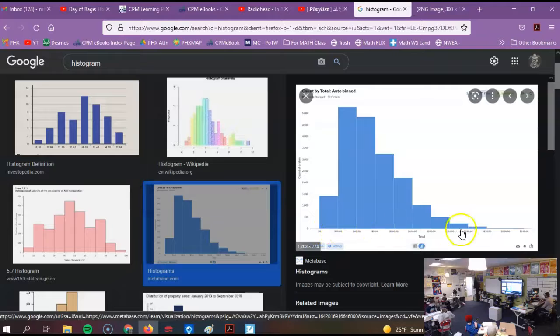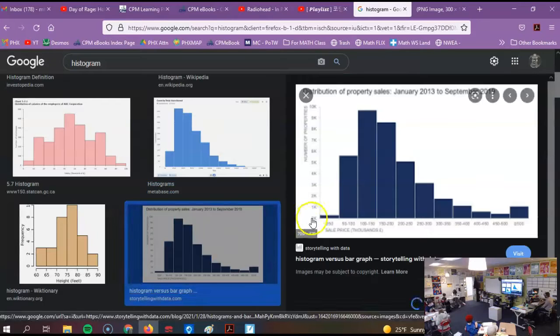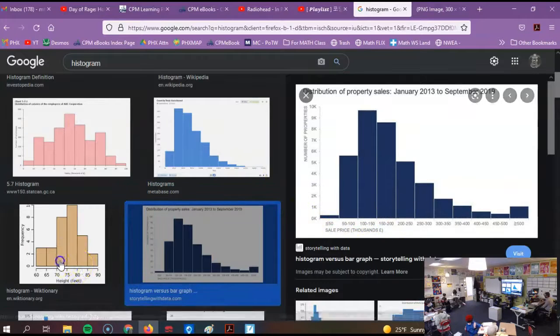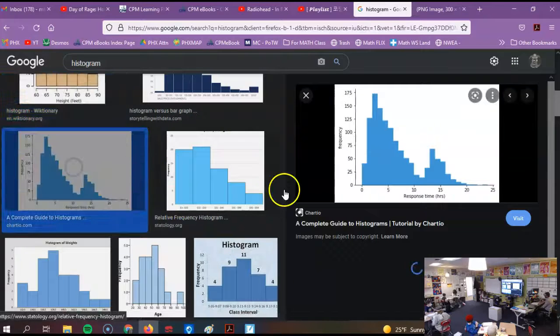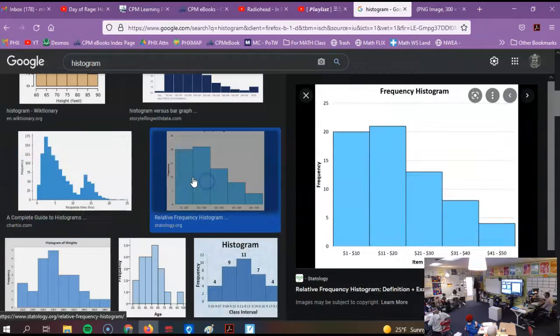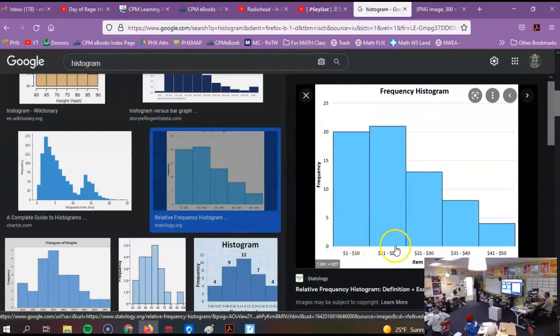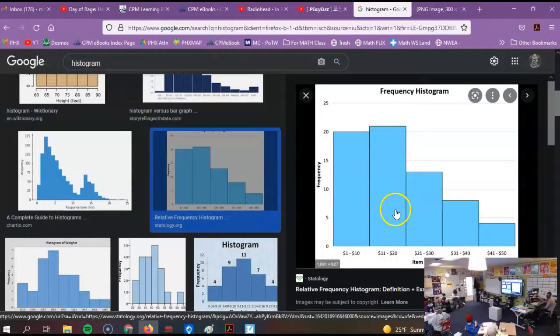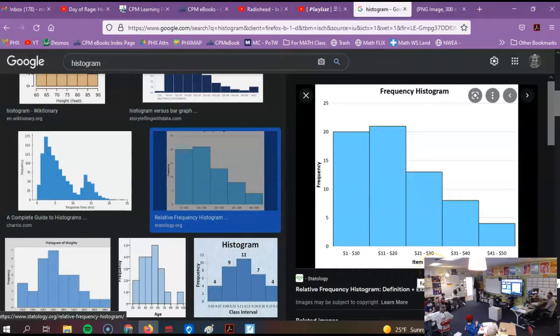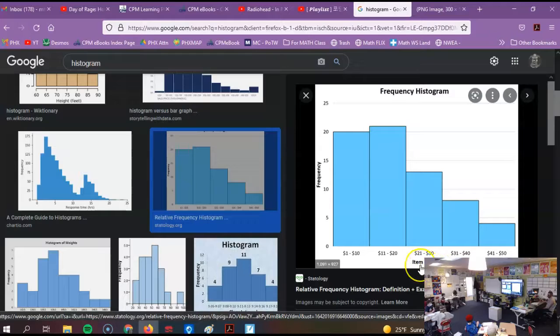Every histogram we look at here is going to have an x-axis with ranges of numbers. So what you need to think about in that circle graph is, would that data turn into ranges of numbers or not? If the data is just categorical, not numerical, like if you ask somebody, what's your favorite pet?